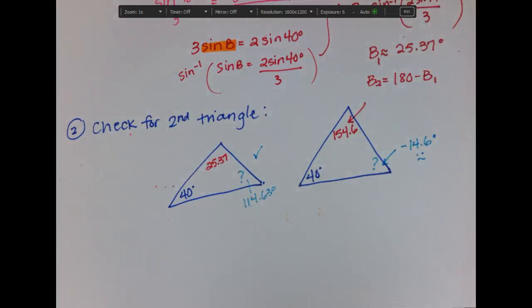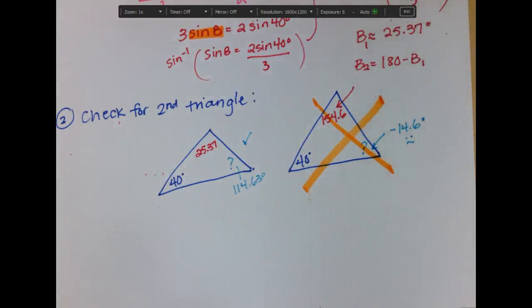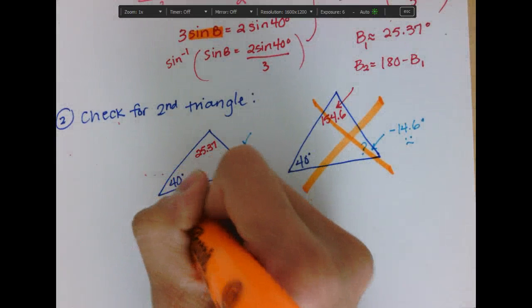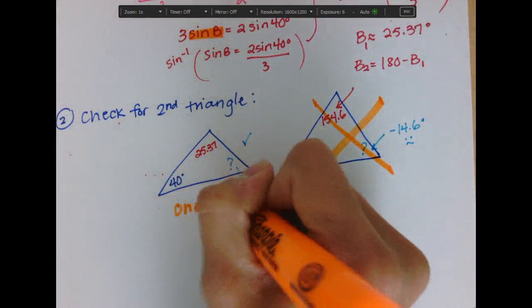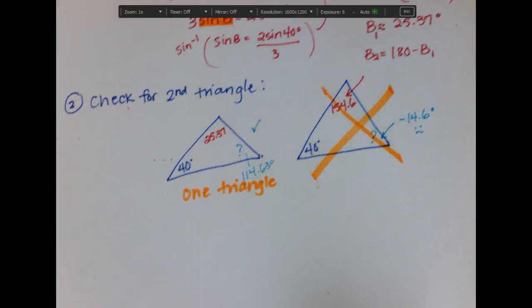That is not a reasonable solution, so this is not going to form a triangle, which means that we only have one triangle in this ambiguous scenario. So let's continue solving.